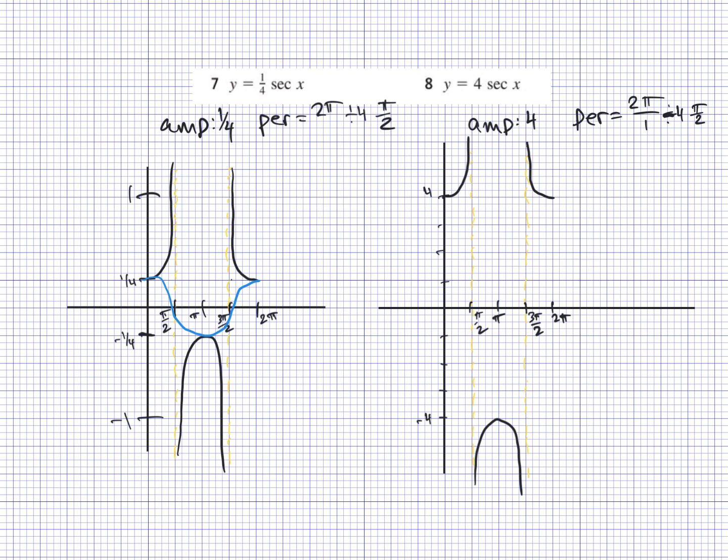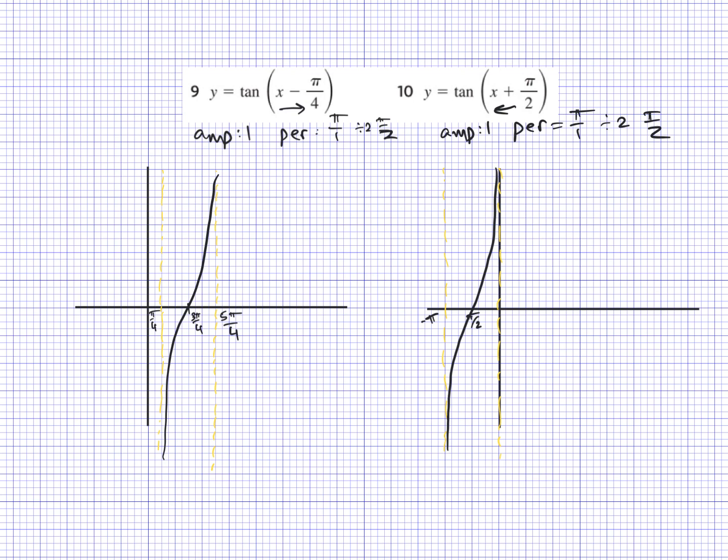We're drawing the secant. And how do we know where the asymptotes are? Again, where the cosine crosses the middle part of our graph, which in this case is the x-axis, until we start shifting it up or down. Amplitude is 1/4, so it's very close to the x-axis. And here, on number 8, the amplitude is 4. So the secant's very high and very low.